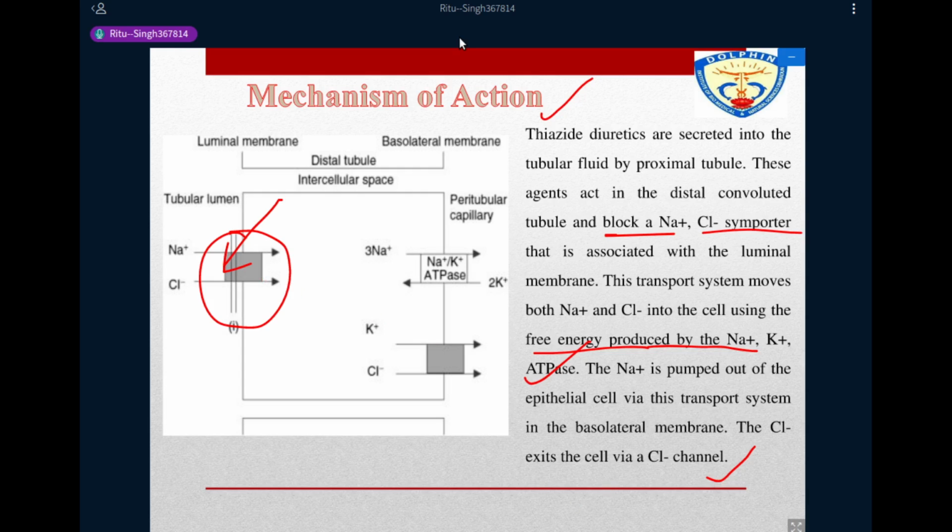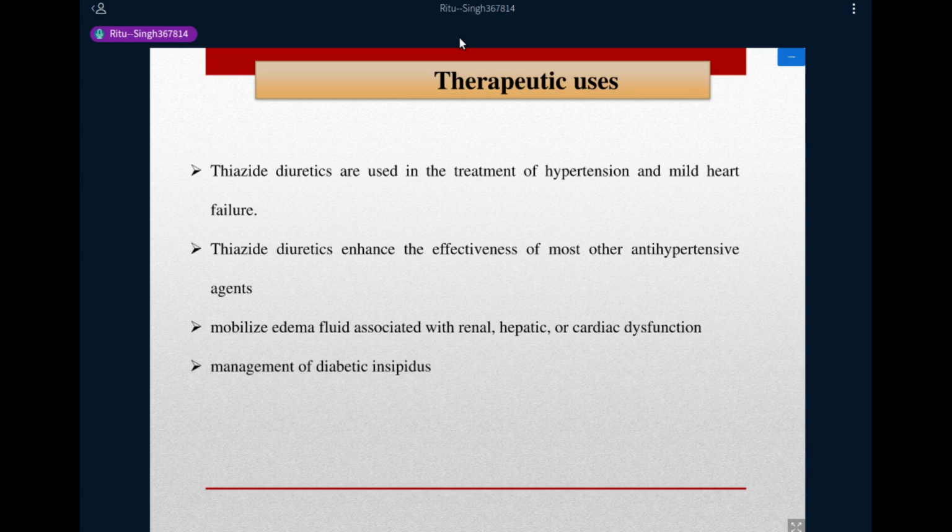Now we discuss some therapeutic uses of the thiazide diuretics. Thiazide diuretics are used in the treatment of hypertension, that is high blood pressure.